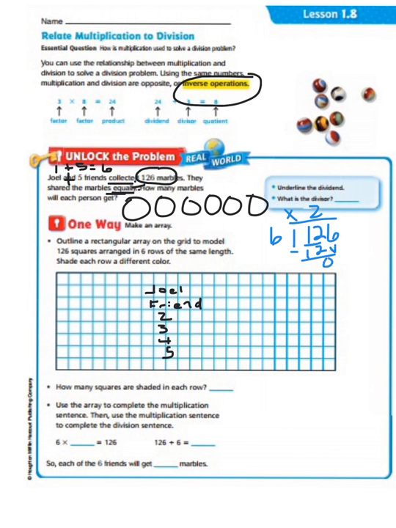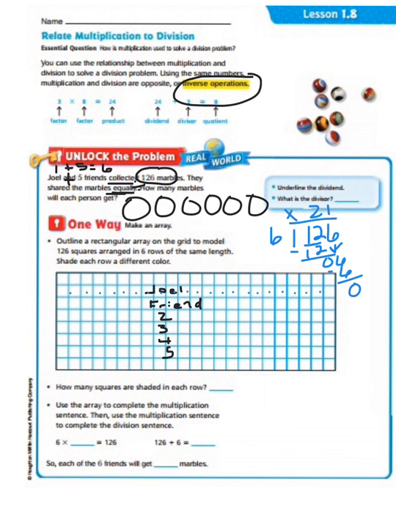Bring down our 6. 6 divided by 6 is 1. 1 times 6 is 6. 6 minus 6 is 0. So that we know that each one is going to get 21 marbles. So that's going to be 1, 2, 3, 4, 5, 6, 7, 8, 9, 10, 11, 12, 13, 14, 15, 16, 17, 18, 19, 20, 21.